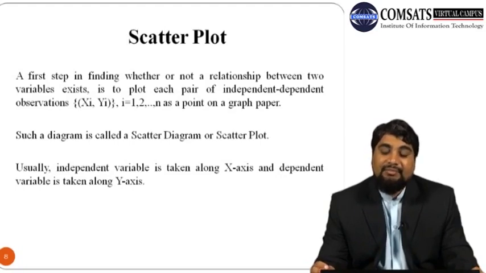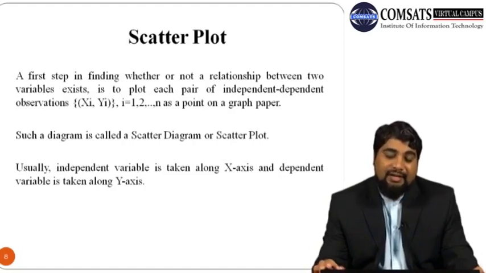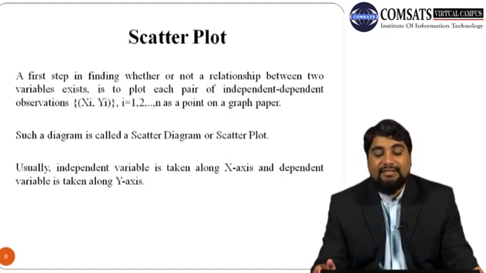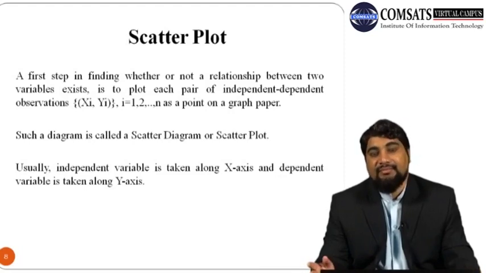Such a diagram, obtained by plotting all the points on graph paper, is called a scatter diagram or scatter plot. Usually the independent variable is taken along the x-axis, whereas the dependent variable is taken along the y-axis.